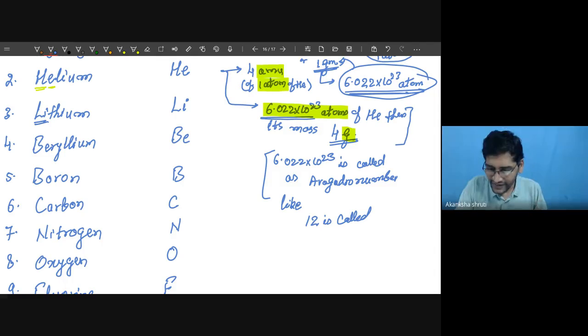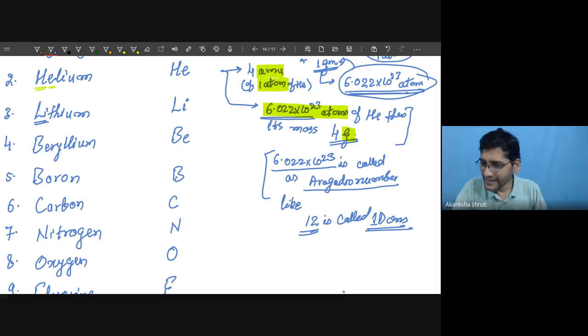Dozen. Very good. Similarly, a collection of 12 pens means I have 1 dozen. Likewise, a collection of 6.022 into 10 to the power 23 is called the Avogadro number. Later on we will learn that it is also called 1 mole. This we will learn in the topic mole concept.